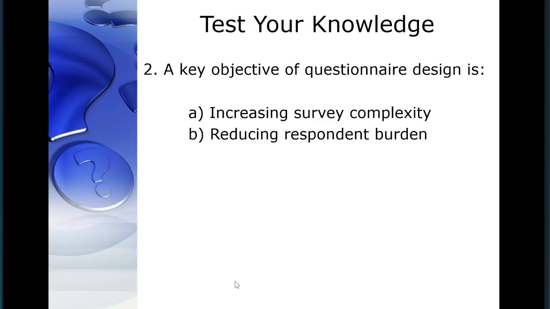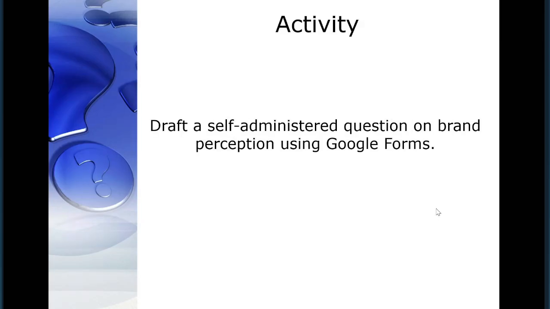Now you can perform an activity. You can draft a self-administered question on brand perception using Google Forms. I hope you are aware of how to use Google Forms. I can give a demonstration of creating a Google Form if you like. First, I'll explain the steps.